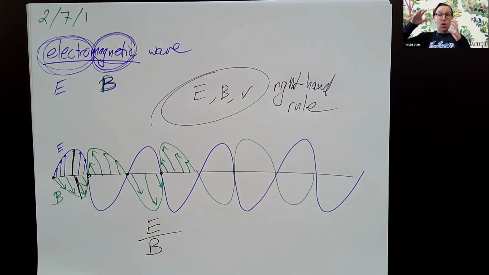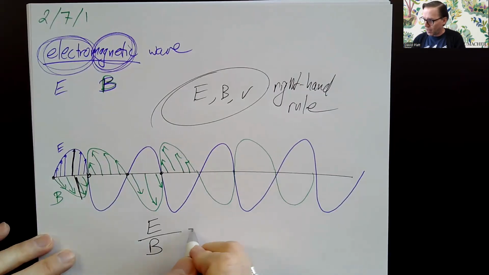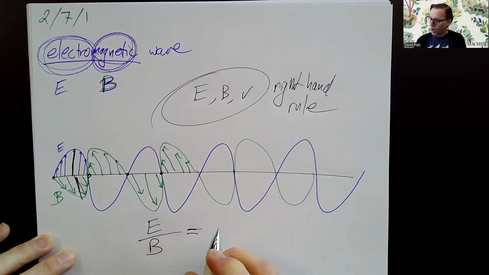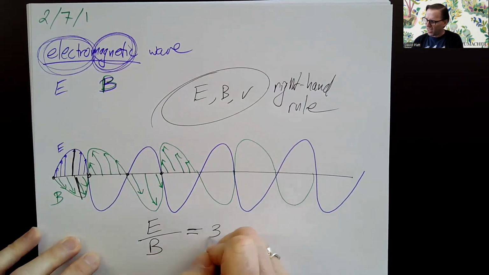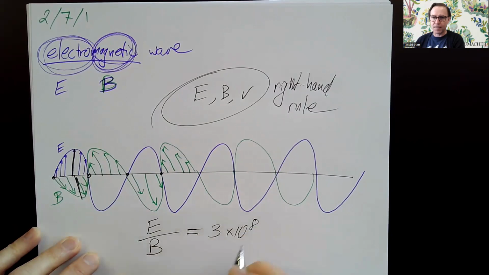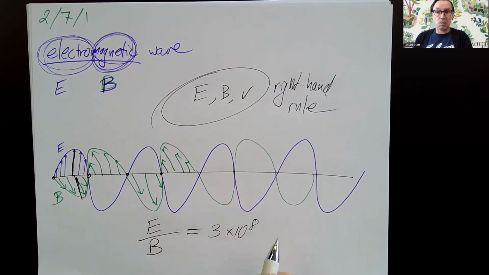They both grow, so one divided by the other is the same at every different moment. And it turns out that that ratio is always 3 times 10 to the 8th. Whoa! Which we remember that number is the speed of light.